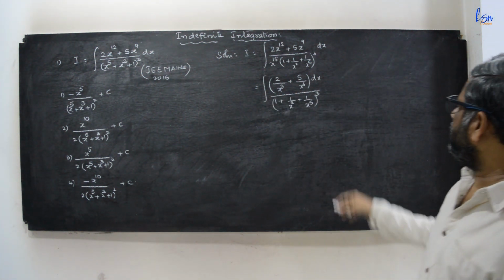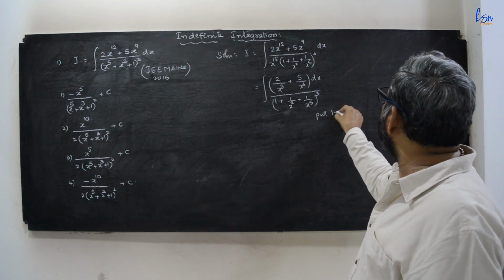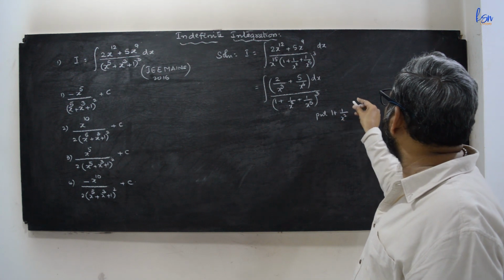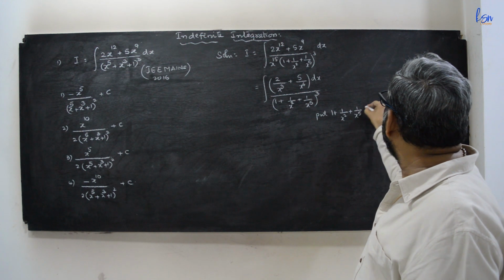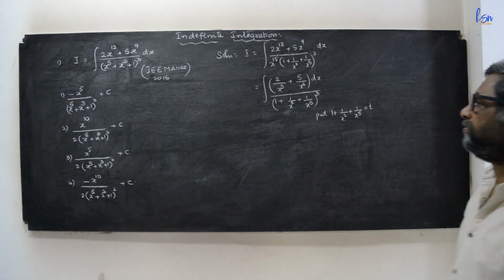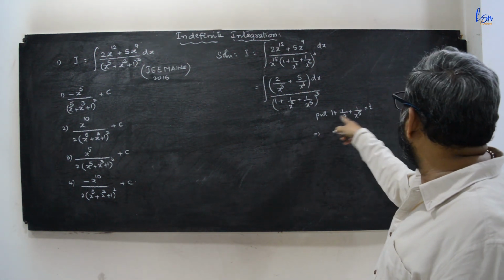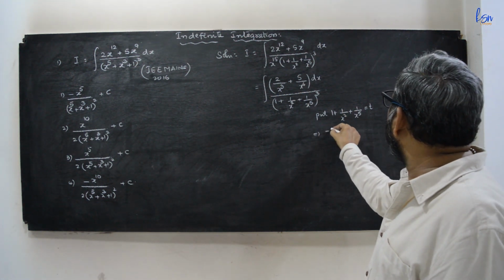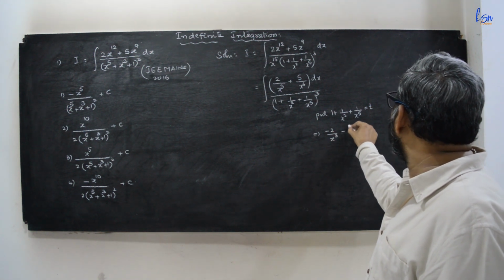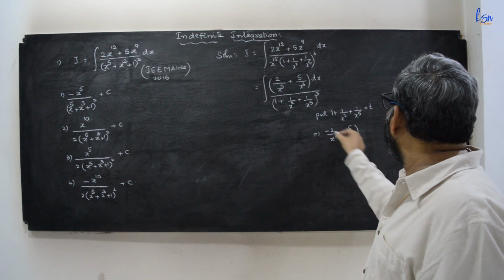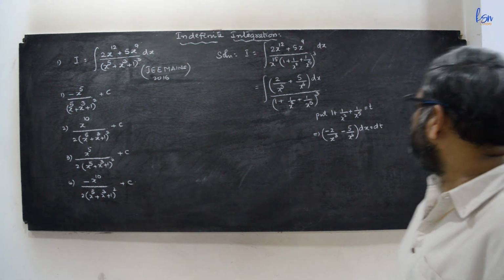Now here we will consider substitution. Put 1 + 1/x^2 + 1/x^5 equal to t. Now if you take the derivative, (0 - 2/x^3 - 5/x^6) dx equals dt.